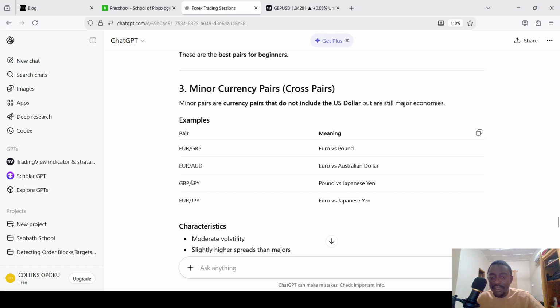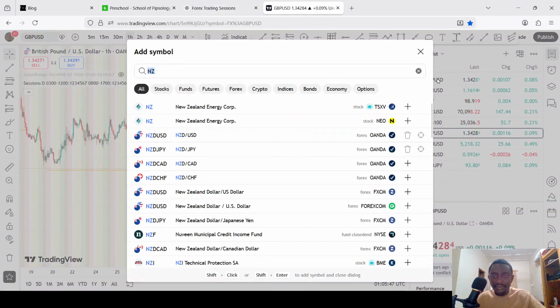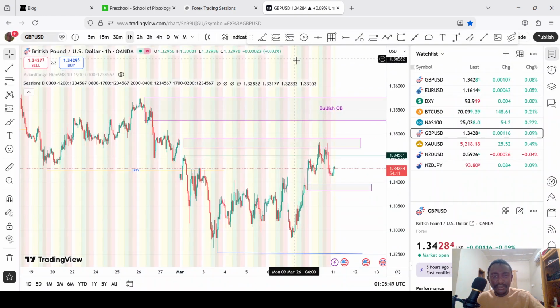Pound JPY is one of the favorite pairs for many; people actually love it. So these are the minor pairs.